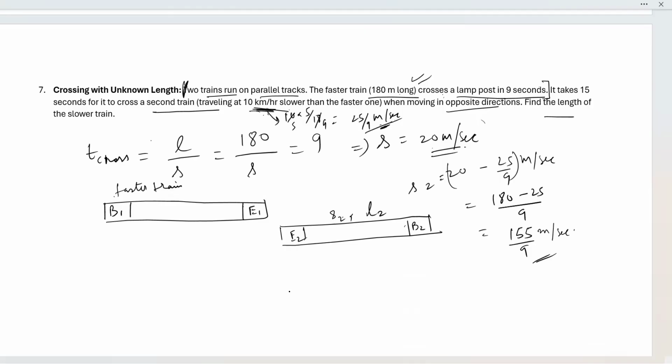Okay. Now, since both the trains are moving in opposite direction, towards each other, the relative speed of one with respect to two will be the addition of the speeds.